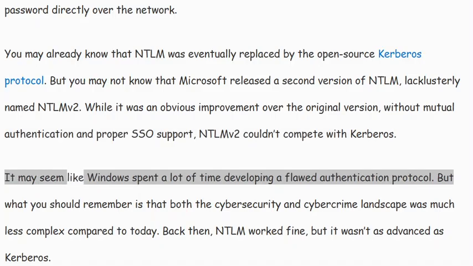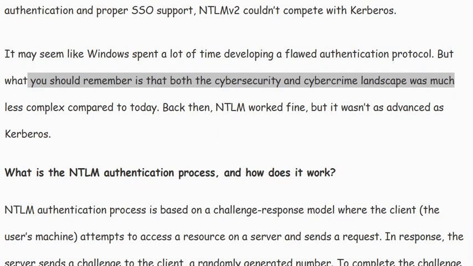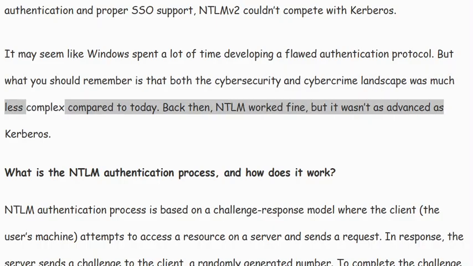It may seem like Windows spent a lot of time developing a flawed authentication protocol. But what you should remember is that both the cybersecurity and cybercrime landscape was much less complex compared to today. Back then, NTLM worked fine, but it wasn't as advanced as Kerberos.